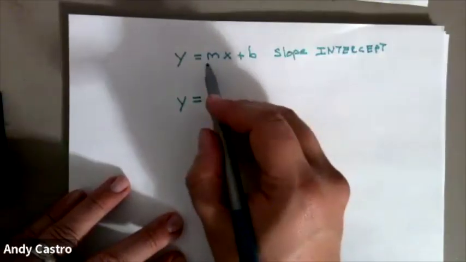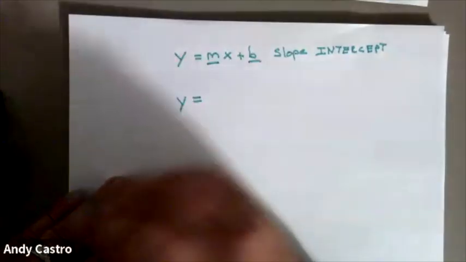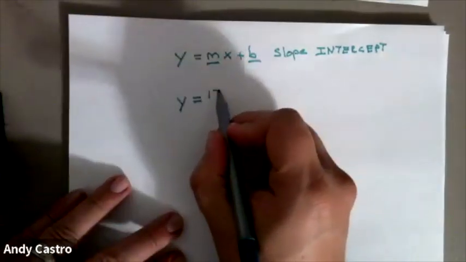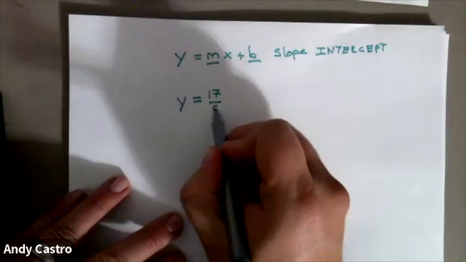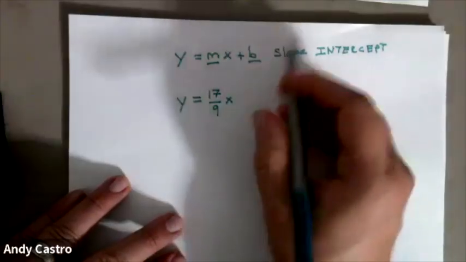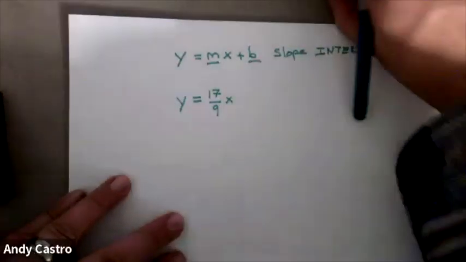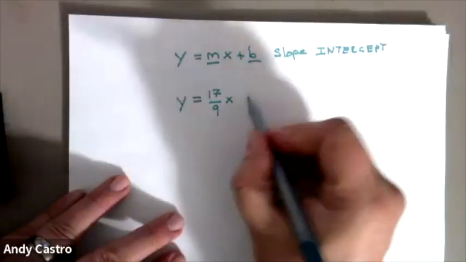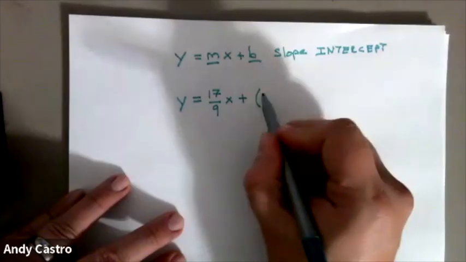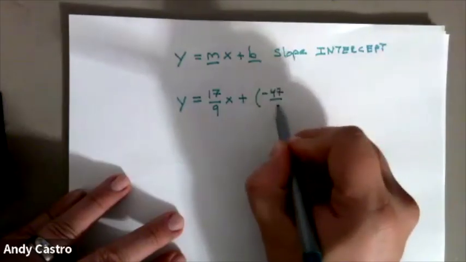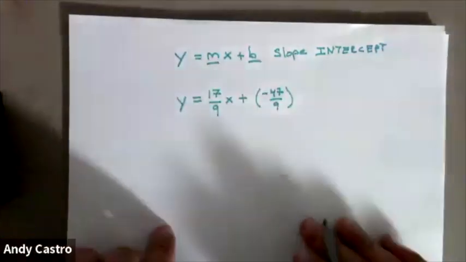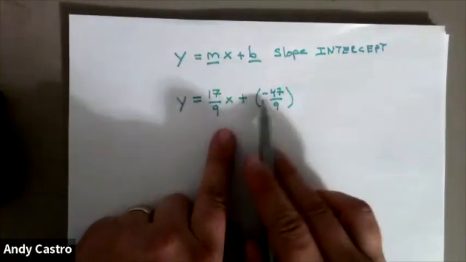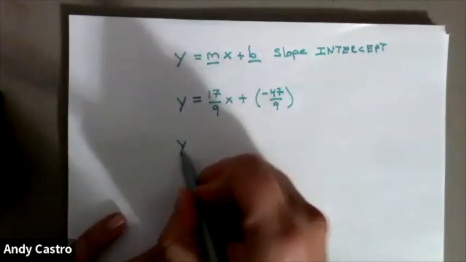The slope and the y-intercept, you'll plug in numbers for those. So 17 over 9 for the slope, and then my y-intercept, remember, was negative 47 over 9. So plus negative 47 over 9. And I could simplify this because if I add a negative, that's just subtraction.